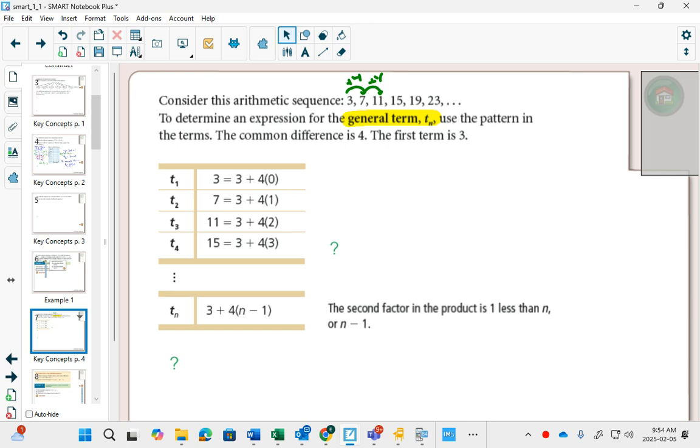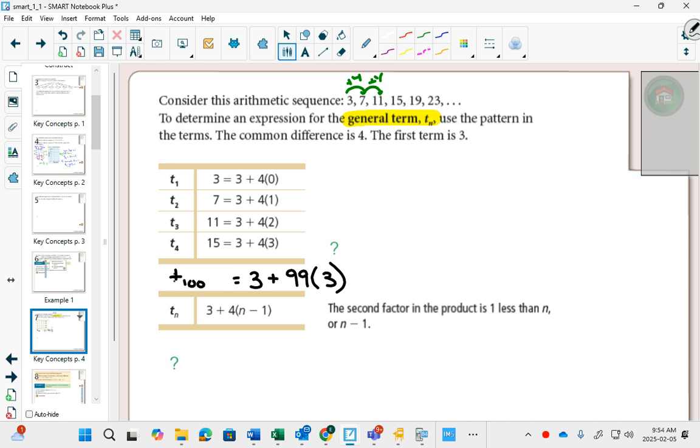sometimes I find it's really easy to see what to do if you use a big number like 100. Does it make sense that term 100, using this pattern, would start at term 1, which is 3, and you'd have to add 4, 99 times, 1 less?